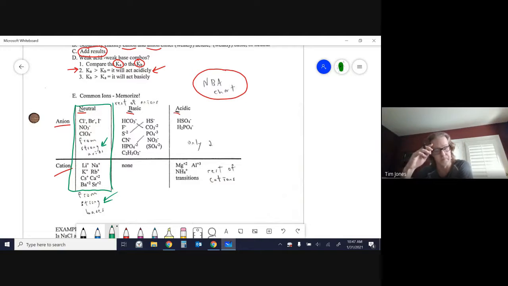In other words, if you have something like Cl minus coming from some ionic compound, it is not going to do anything acid or base wise, because if you did try to do something, for example, like Cl minus plus water, you'd be forming HCl like this, and that doesn't happen.